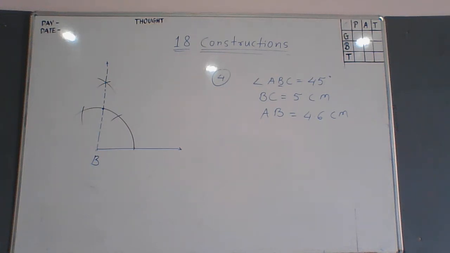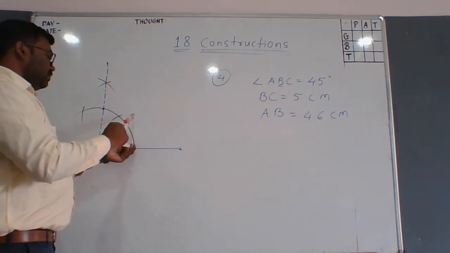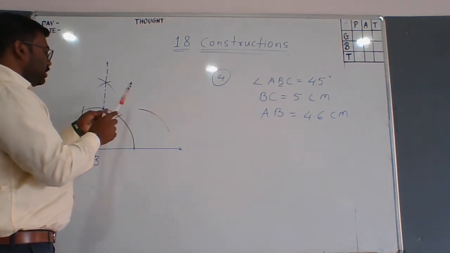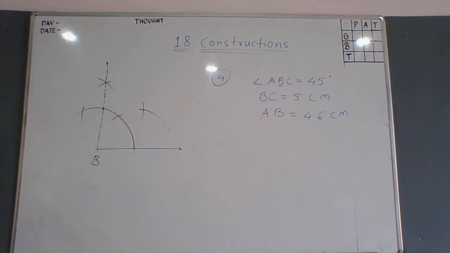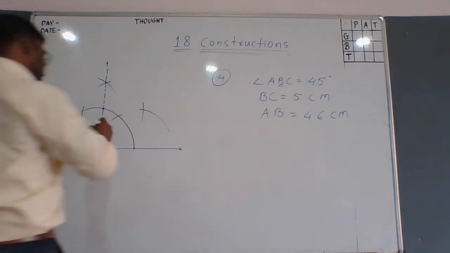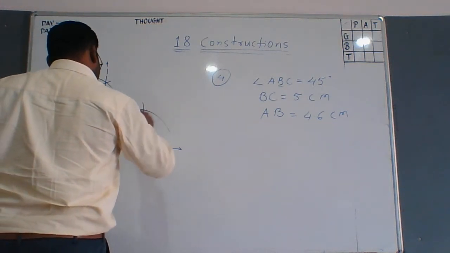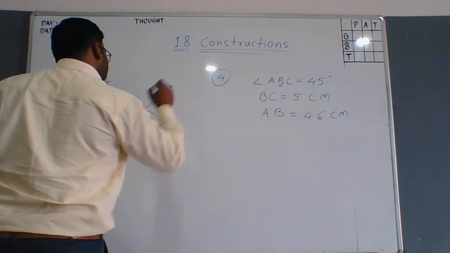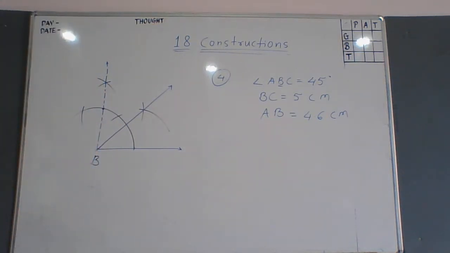So draw the angle bisector of 90 degree. Put the pointer here, first arc, and from here cut this arc. Now here it is, the 45 degree angle.